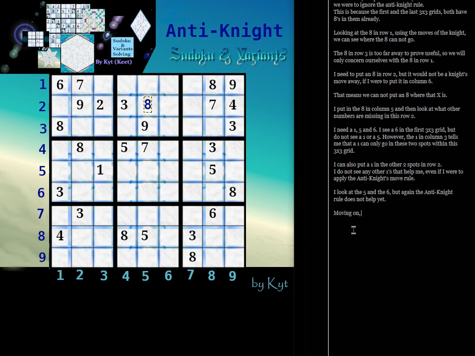Okay, moving on. I will look at the first 3x3 grid and see what else I need here. Okay, the 1, 3, 4, and 5.